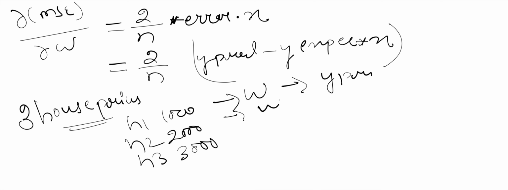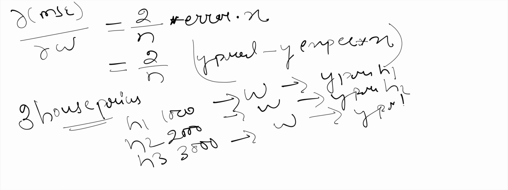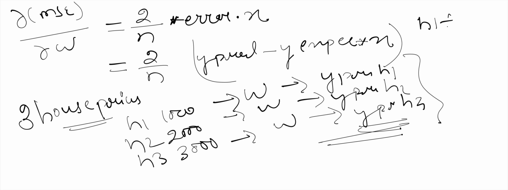This is y prediction for house 1, house 2, and house 3, correct? So all of these will have their own prediction values. To calculate the whole of dW that we are to be changing, how do we do it? We just add them up, right? House 1 plus house 2 plus house 3.